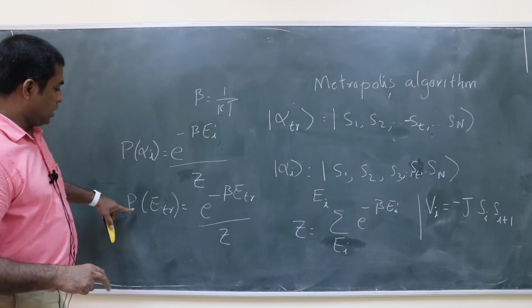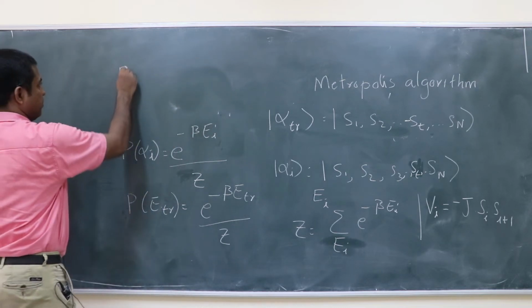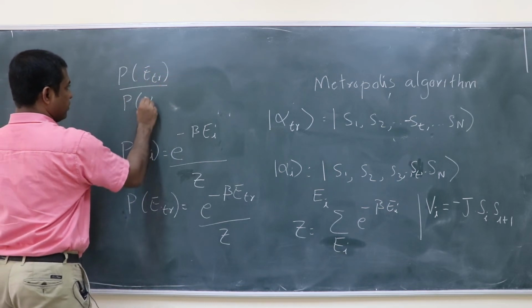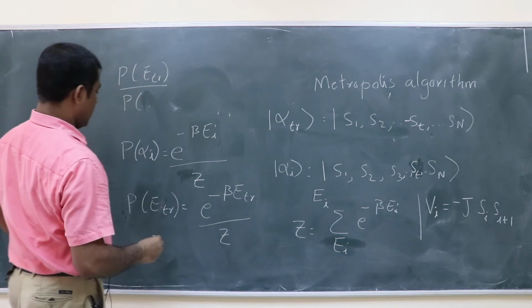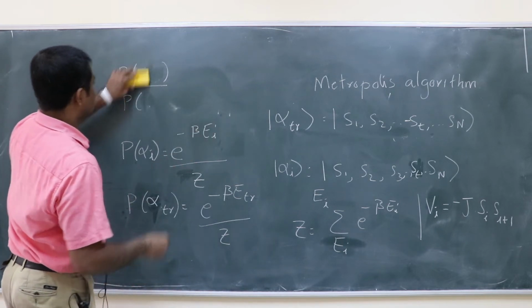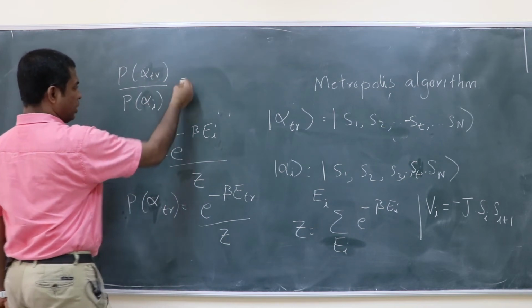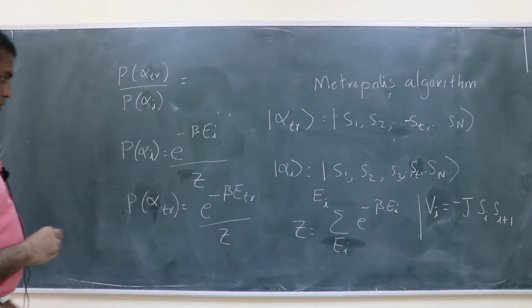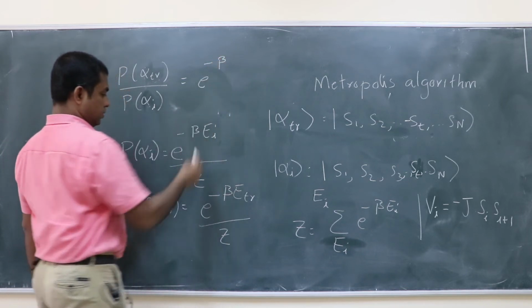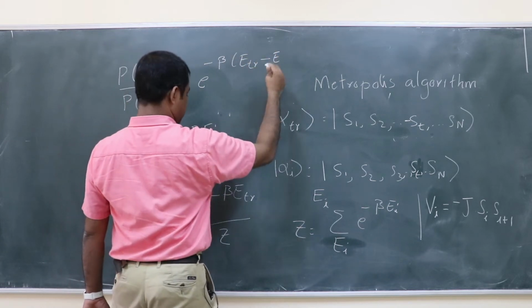That means you find out P of alpha trial divided by P of alpha i, which equals e to the power minus beta times (E trial minus E i).